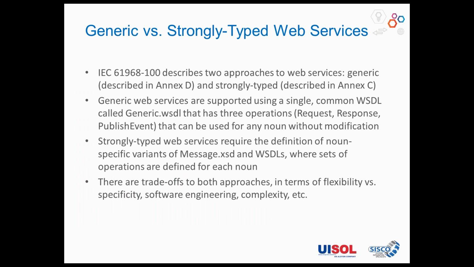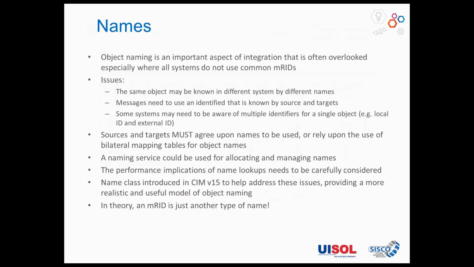If you have too many of the strongly typed WSDLs, the more you have, the more maintenance you have. And the more you have to manage those things and remember that they're out there. So the governance on them gets to be very difficult, as well as the maintenance.